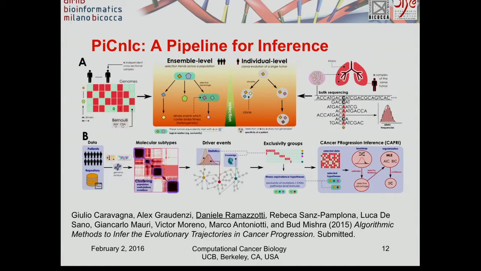So the last thing that we've been doing recently is to have this setup, ensemble level, individual level, but above all, we have put together a pipeline for applying these tools. And these tools, CAPRI especially, are used at the very bottom, at the very downstream of a pipeline of analysis.